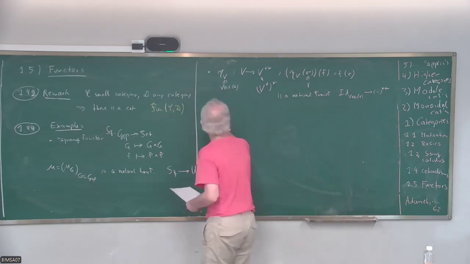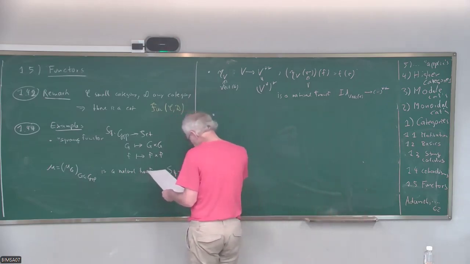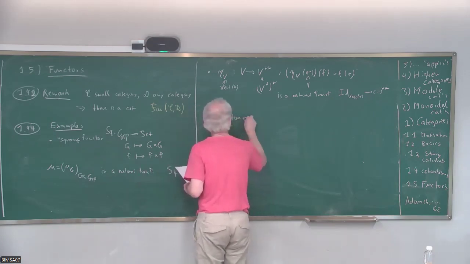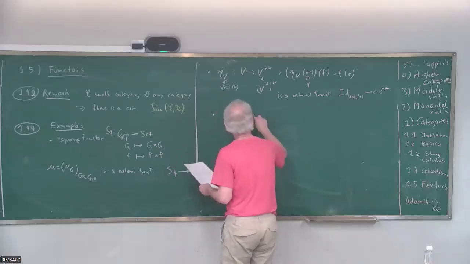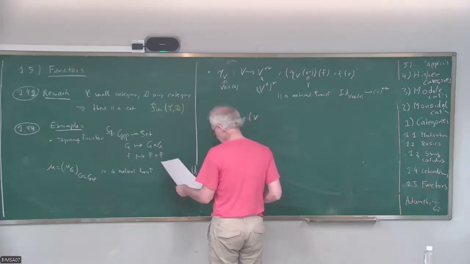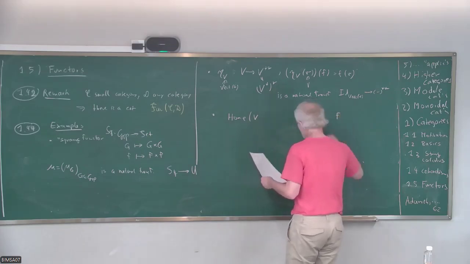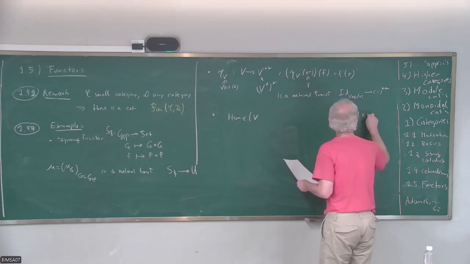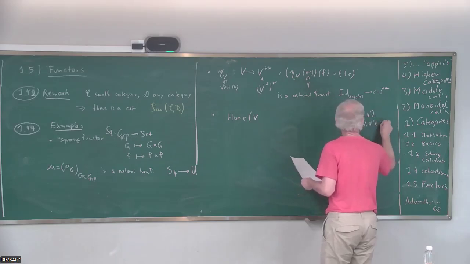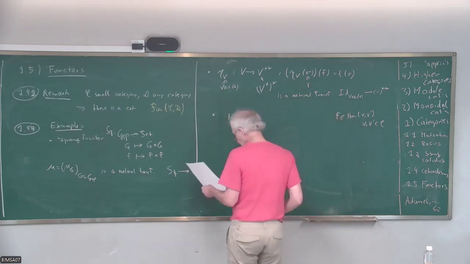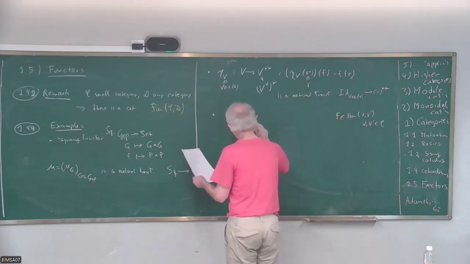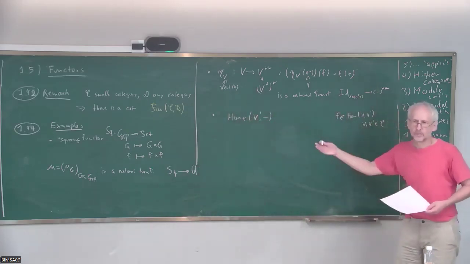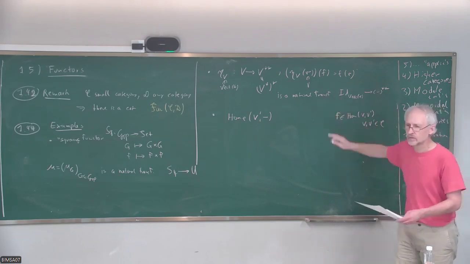And then there is a simple type of natural transformation for Hom functors, namely if you take any morphism f between two objects V and V prime in a category C, and you define Hom(V, -). When I write a minus sign here, this is a placeholder, so it just stands for an arbitrary object.